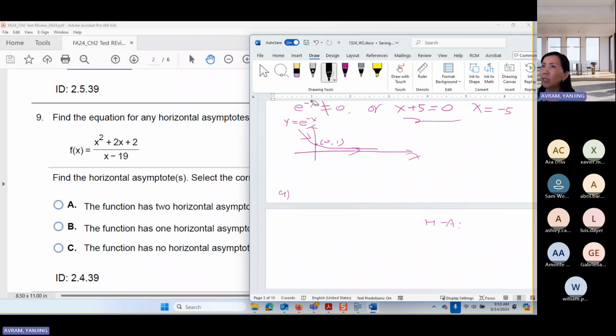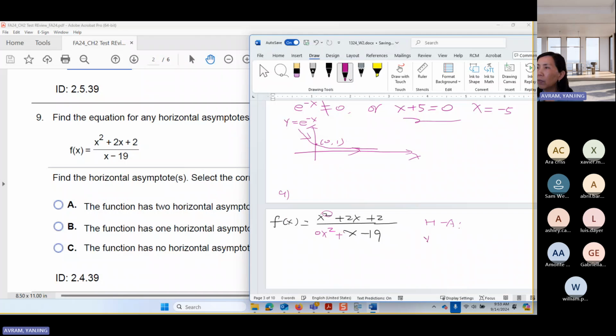If I make these the same degree, x squared plus 2x plus 2 over x minus 19, I have a higher degree here, which is 2. So I will make a 0x squared in the denominator. That way I just add 0x squared, which is still 0, so I don't change the value of this whole thing.